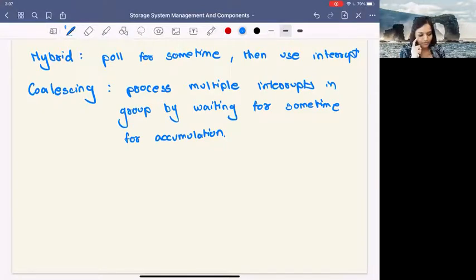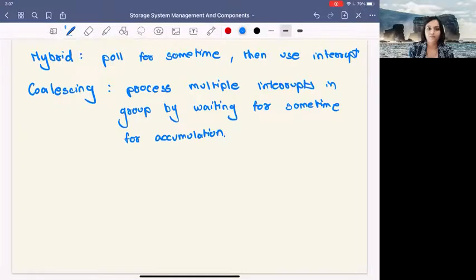So such a process of coalescing multiple interrupts in a group by waiting for some time for accumulation can help us to reduce the multiple context switch overhead where the CPU has to come back, just goes and then another interrupt is raised. So it again has to come back.